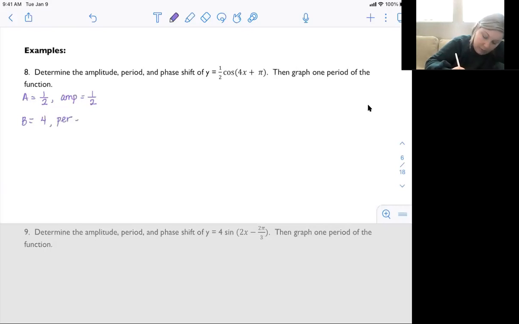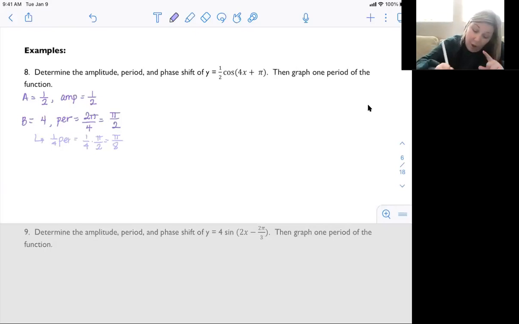So that means that the period is 2 pi divided by 4, which is pi halves. And then don't forget, we need the quarter period so we know what to count by. That's going to be 1/4 times pi halves, which means we're going to count by pi eighths.